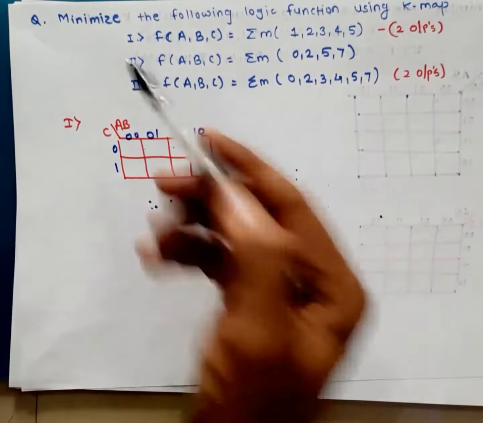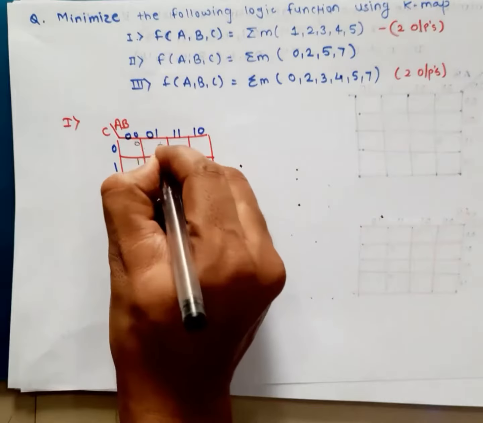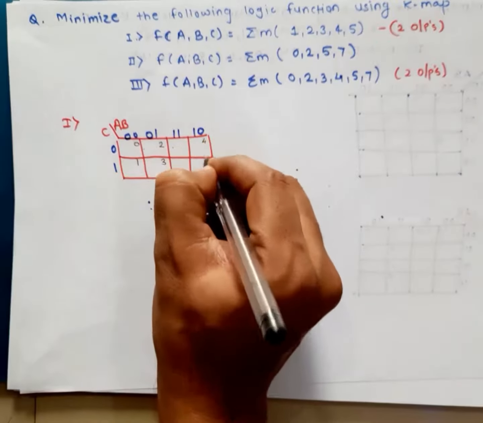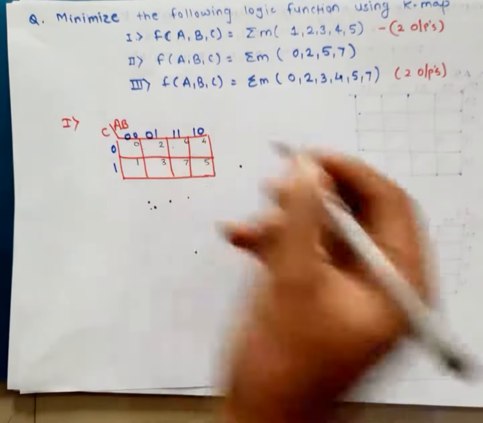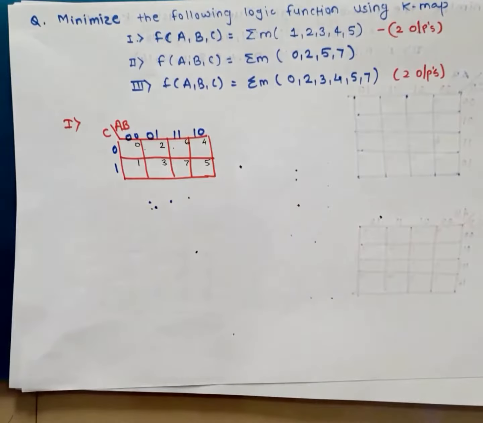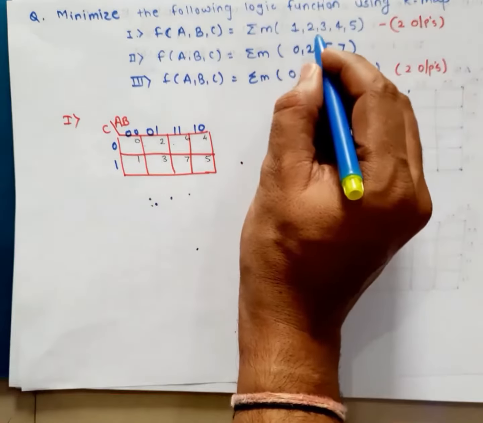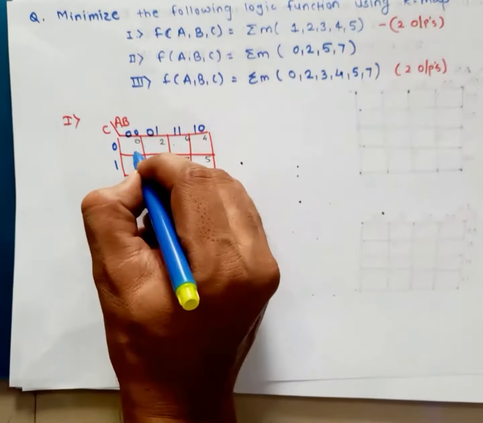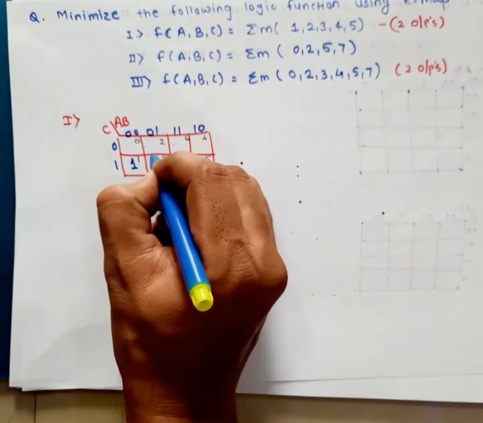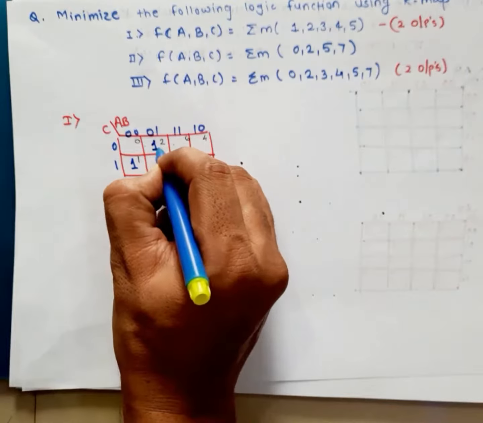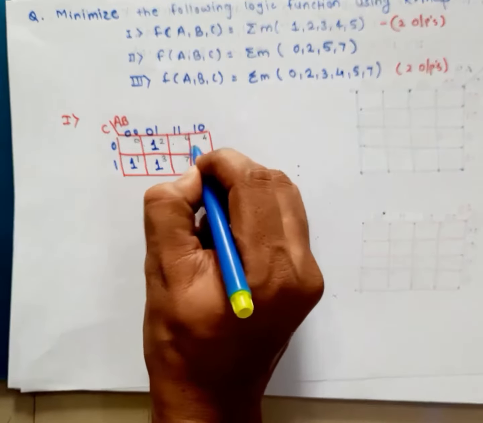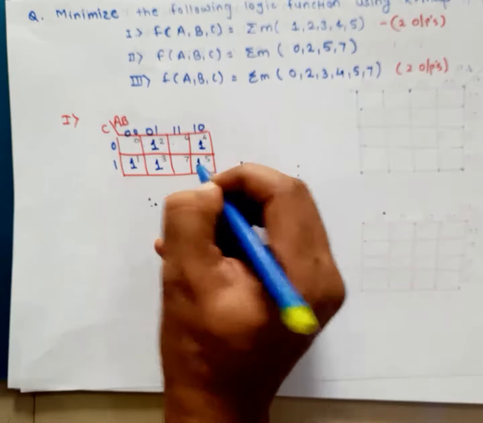Next, assign the decimal values. Now the next step is to put these minterms, so put the high values: 1, 2, 3, 4 and 5.